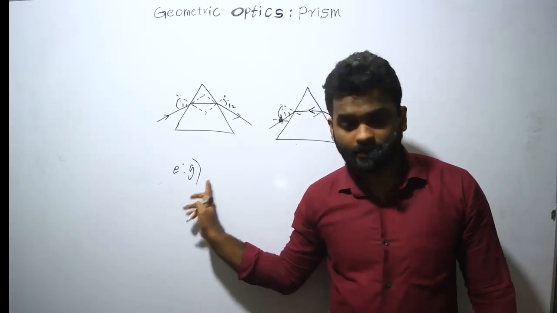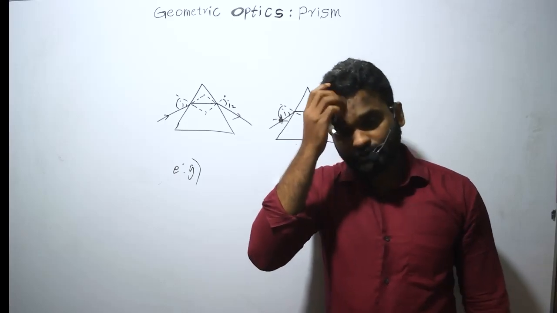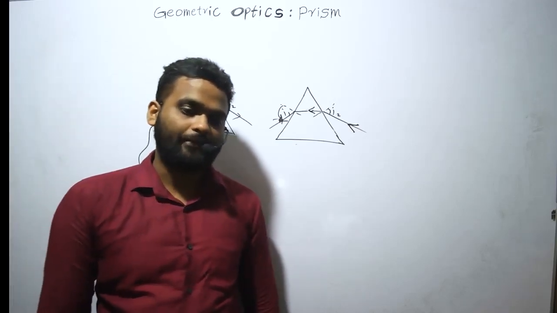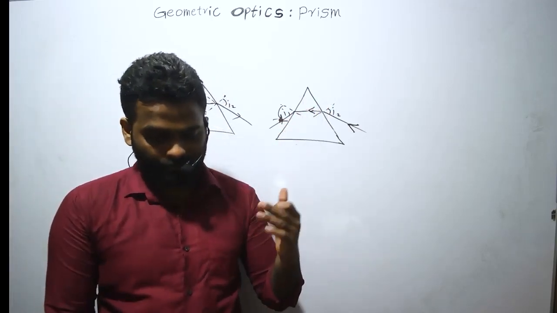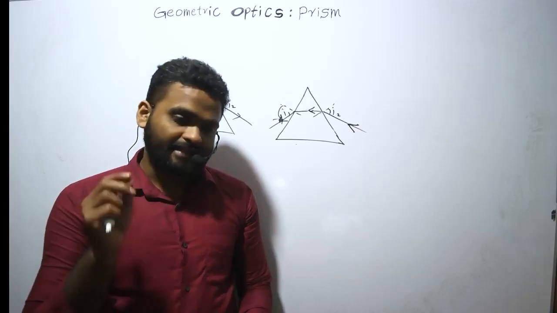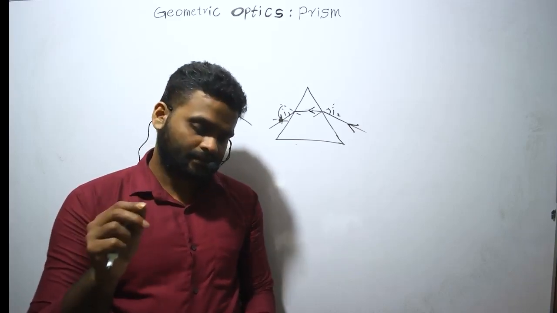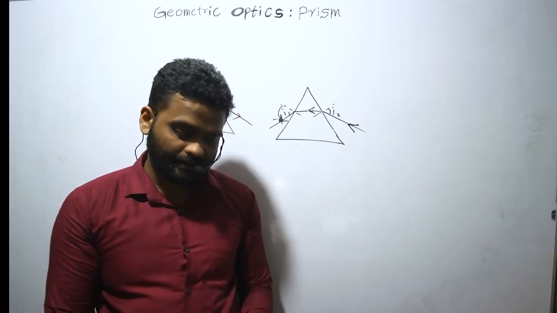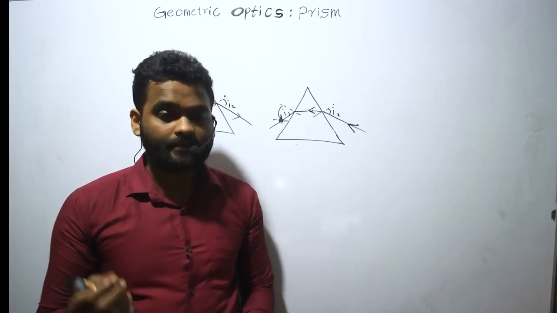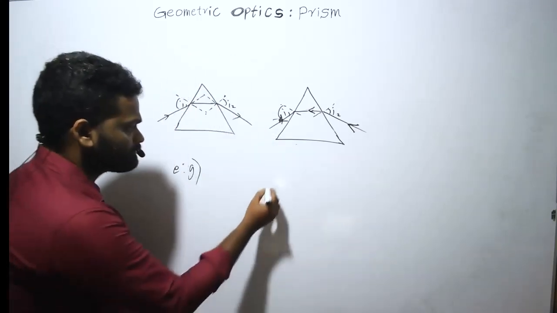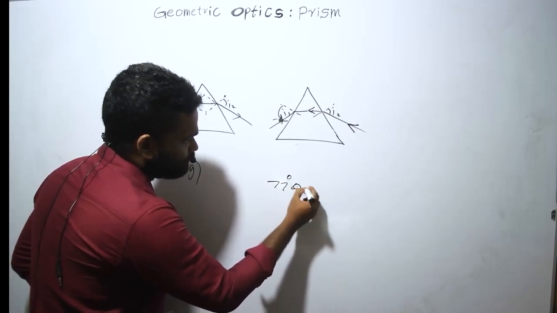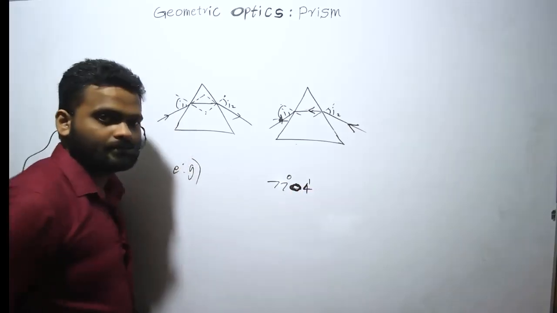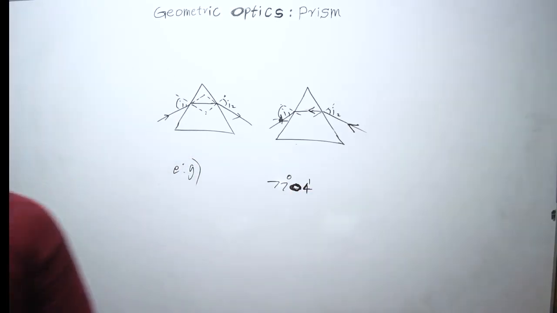Write down example, then write: according to the Q, capital Q meaning the previous question, when the incident angle is 30 degrees, the emergent angle is 77 degrees 4 minutes. Full stop.